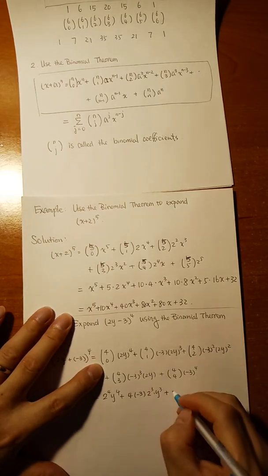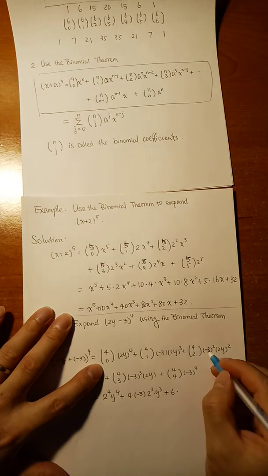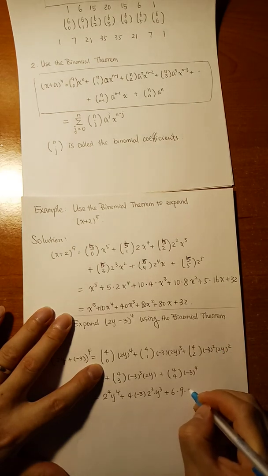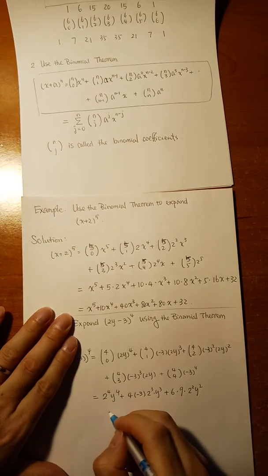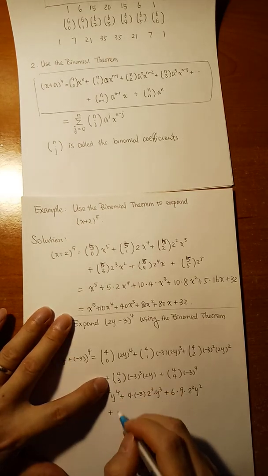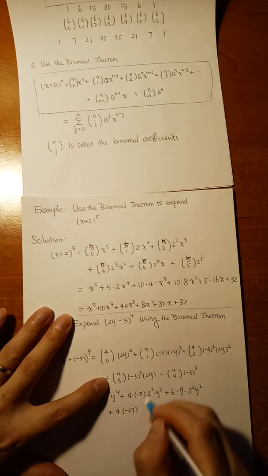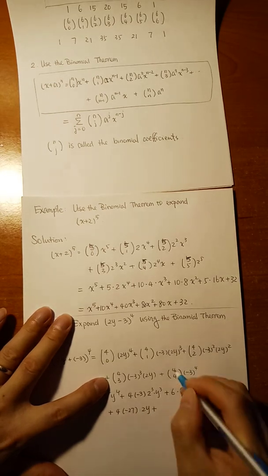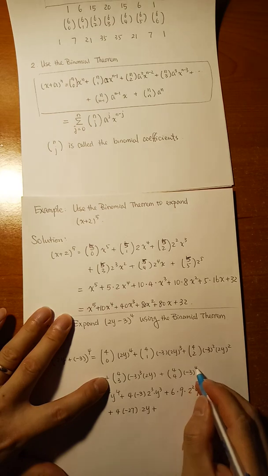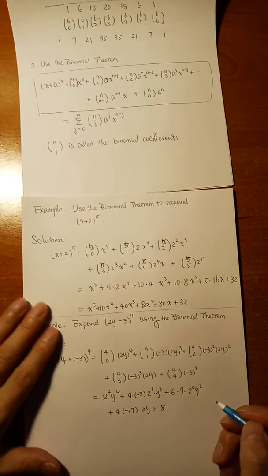And 4 choose 2 is 6, 6 times negative 3 squared is 9, then you have 2 squared y squared. And plus 4 choose 3 is 4, negative 3 cubed is negative 27, and times 2y. 4 choose 4 is 1, negative 3 to the 4th is 81.